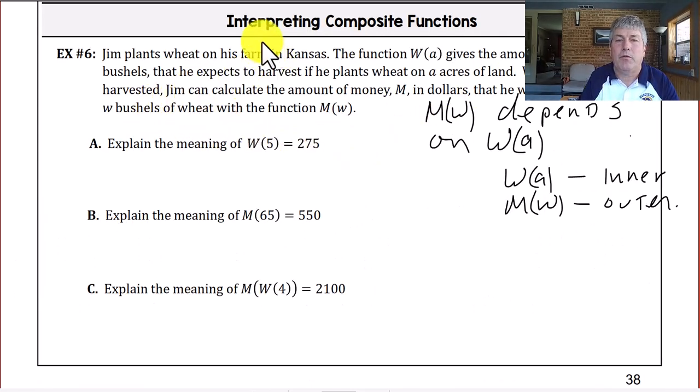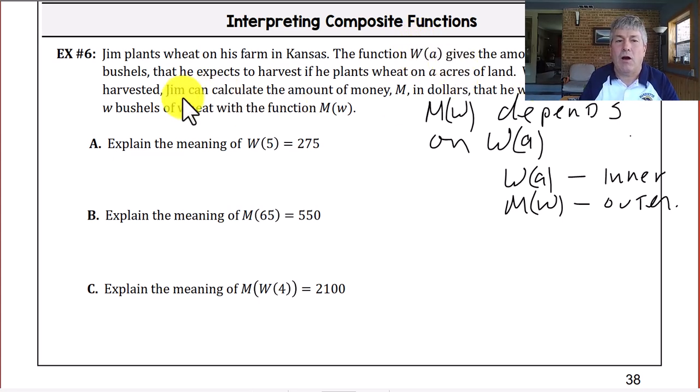And in example 6, we want to interpret this composite function. So we read here, Jim plants wheat on his farm in Kansas. The function w of a gives the amount of wheat in bushels that he expects to harvest if he plants a acres of land. So he plants some acres of land, and he's going to harvest bushels of wheat.